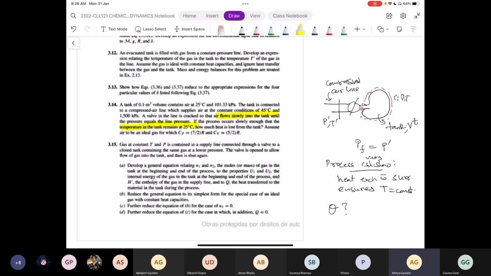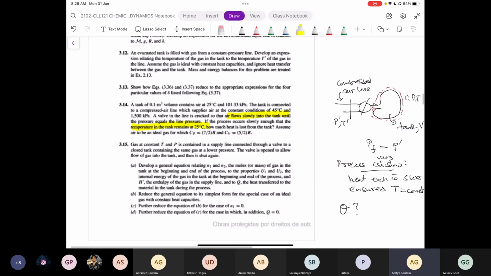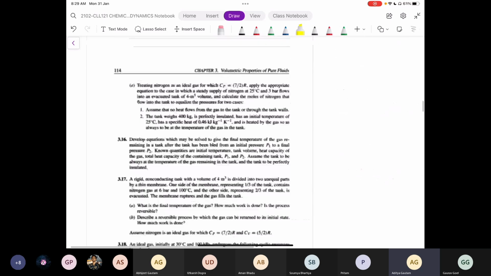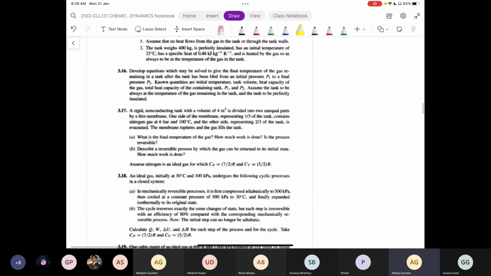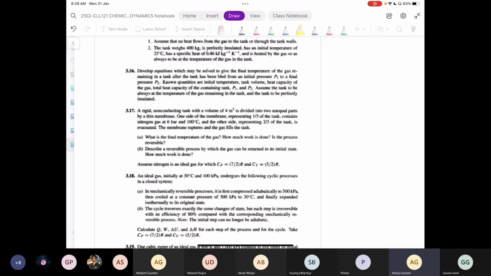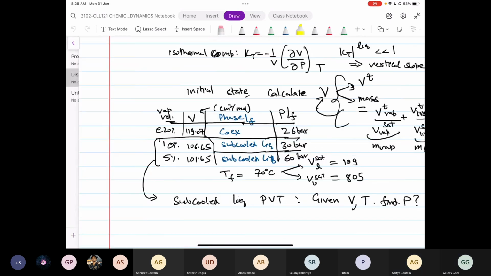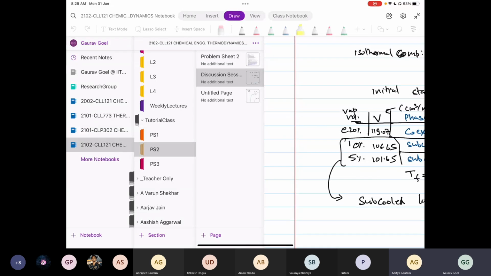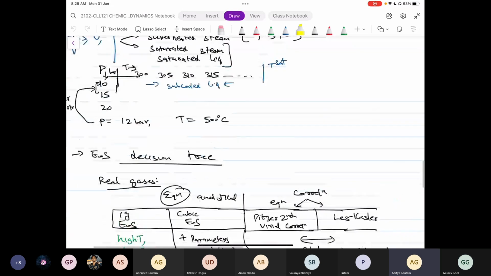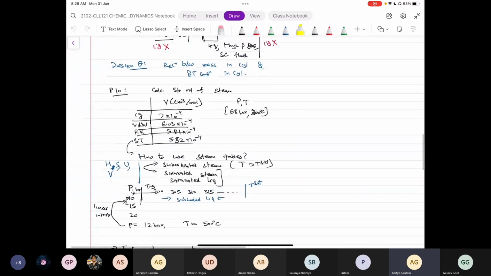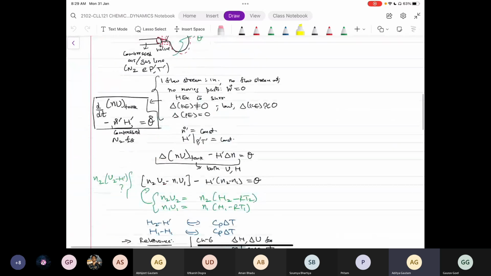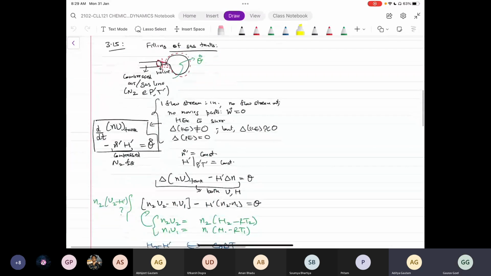In the previous tutorial session, you had solved one question, problem 3 of sheet 2. Tell me which problem, if you can tell me the problem statement. It was a tank wherein the internal energy and the gas was coming in, problem 3.15.